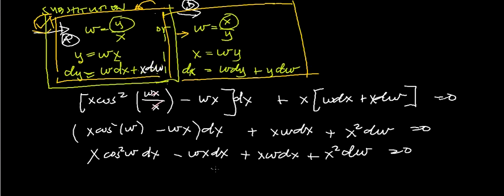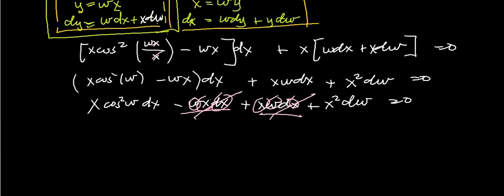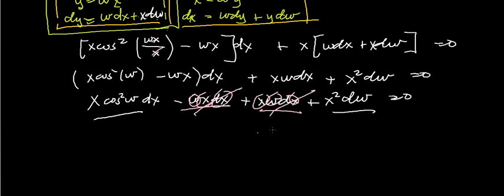And once again, as you can see here, we have xw dx, we have xw dx, negative and positive, so we can cancel this out, and we're left with these two terms: x cosine squared w dx plus x squared dw is equal to 0.